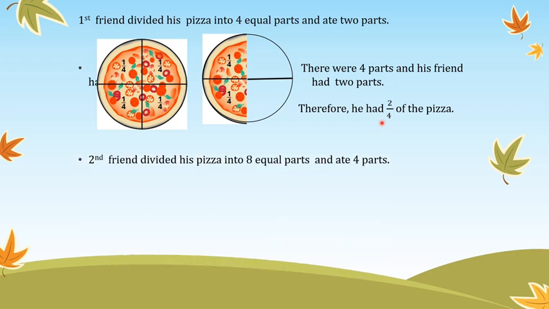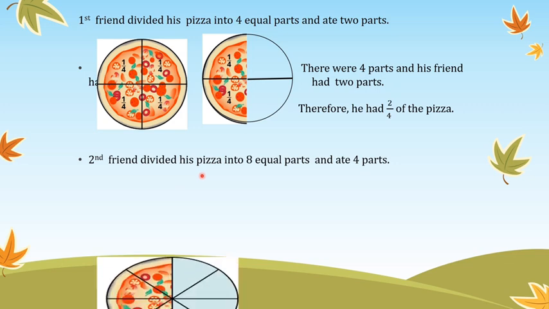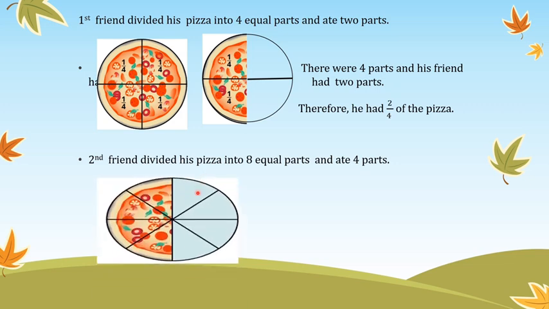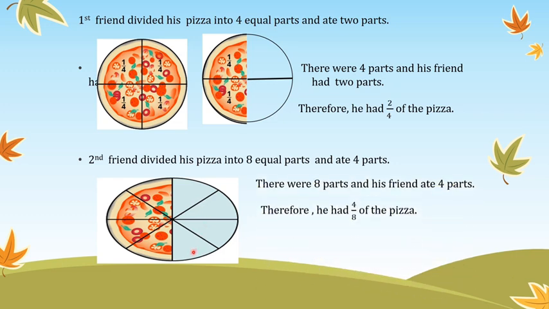Now let's come to his second friend. His second friend divided his pizza into 8 equal parts and he ate 4 parts. How many parts? 4 parts. 1, 2, 3, 4. So what is the fractional representation for his pizza?